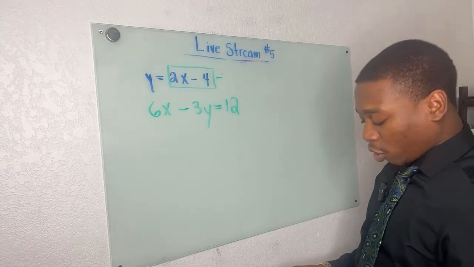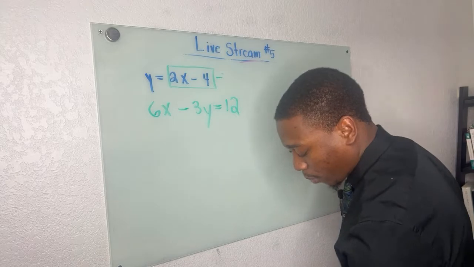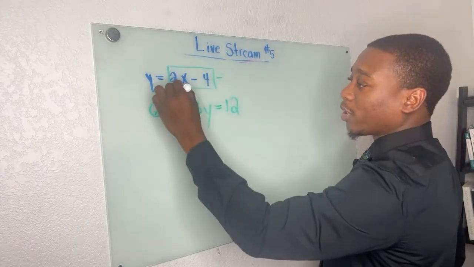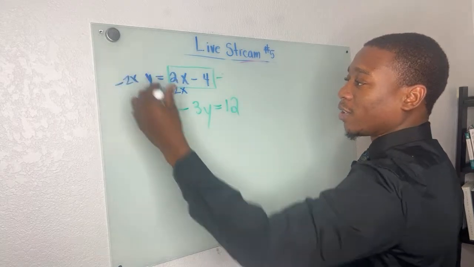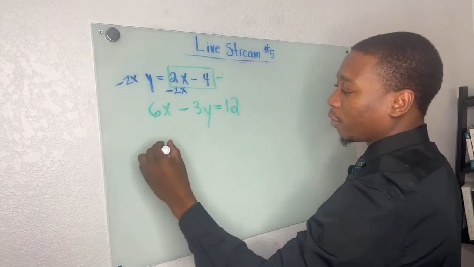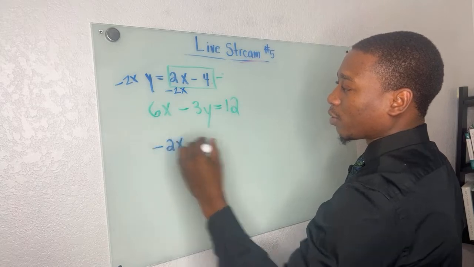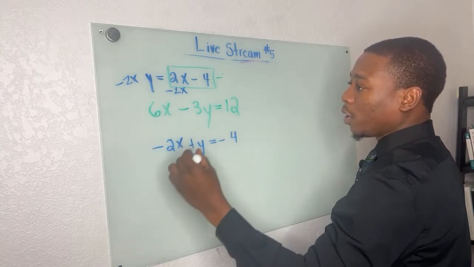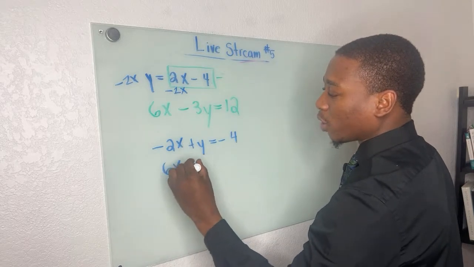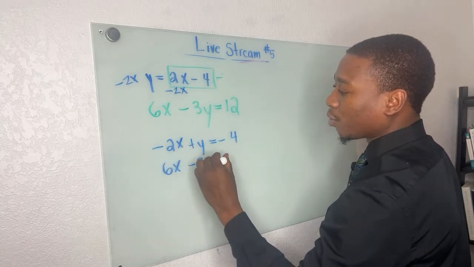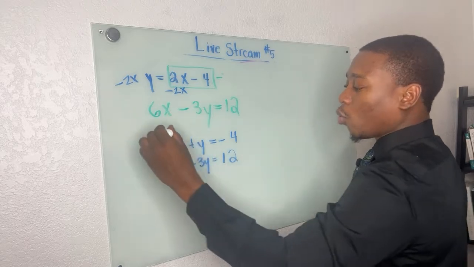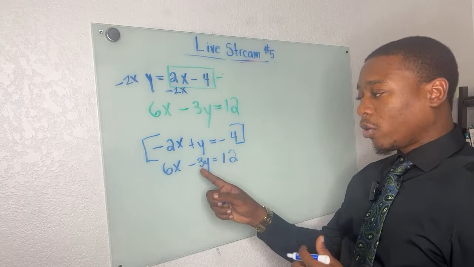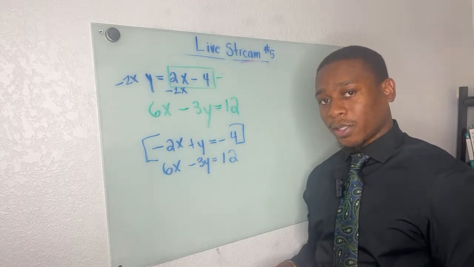Okay, so what we could do in this problem is switch this from slope-intercept form to standard form. So let's say I subtract 2x on both sides. We would have negative 2x plus y is equal to negative 4, and I'll rewrite that second equation right under. What I'm focusing on right now is y. I noticed that one y is negative, one is positive.